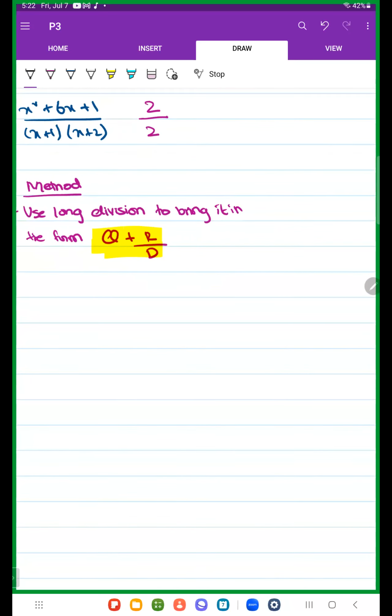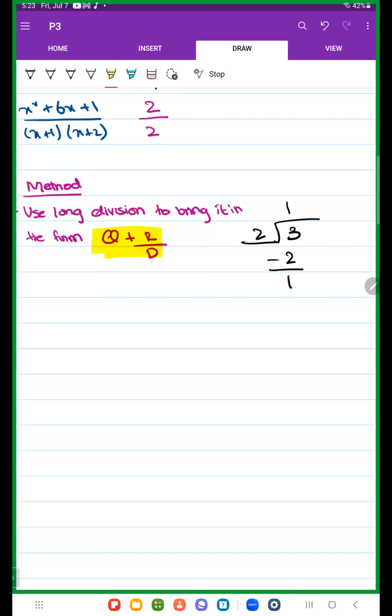For example, you divide 2 by 3. Hmm, you do 2 ones are 2 and you get 1. So what is my quotient? What is my remainder and what is my divisor?